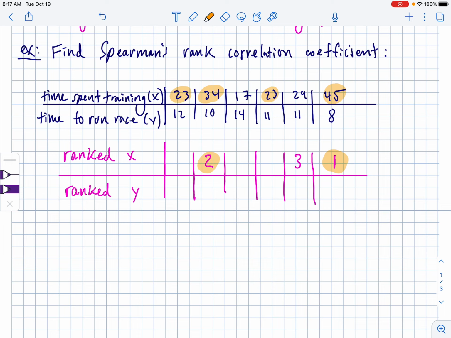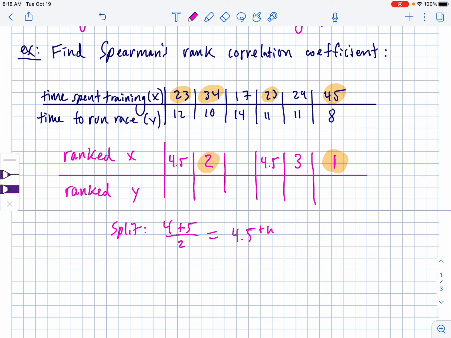Then it gets a little bit interesting, because if you look at what's lower than 29, you see that 23 and 23 are the next ones. Anytime you have double values, what you do is say that we already got first, second, third, so these would be the 4th and the 5th, and then you divide by 2. So each of these would be the 4.5th.